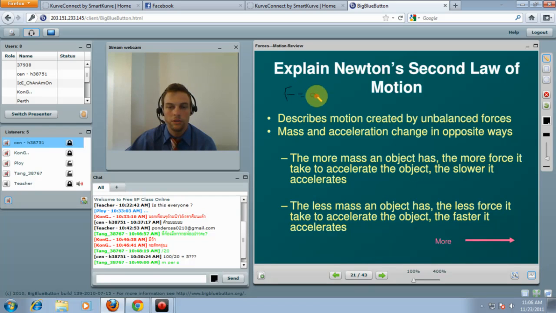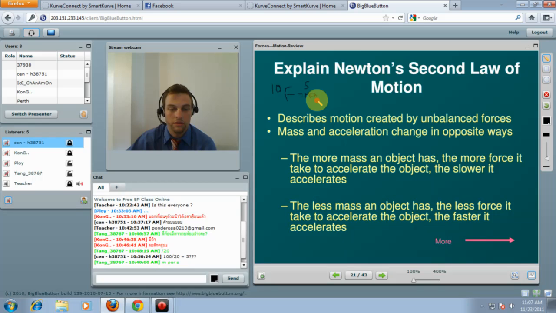From general math, we know that if this number is really big, then this number is going to be really small. And if this number is really big, then this number is going to be really small, if we want to get the same equal. So if you increase mass, say we have force is equal to 10. Okay? And mass is equal to 5.